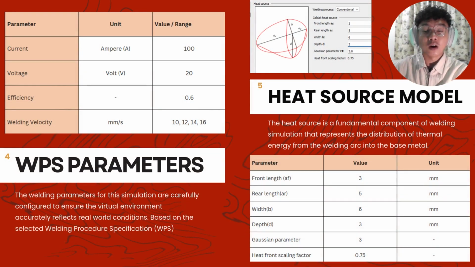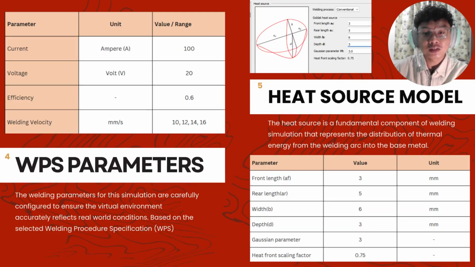Now, for our simulation, the WPS parameters used are stated in the table above. As you can see, we are using a fixed 100 amps for all of our 12 specimens, along with a fixed 12 volts and an efficiency of 0.6.